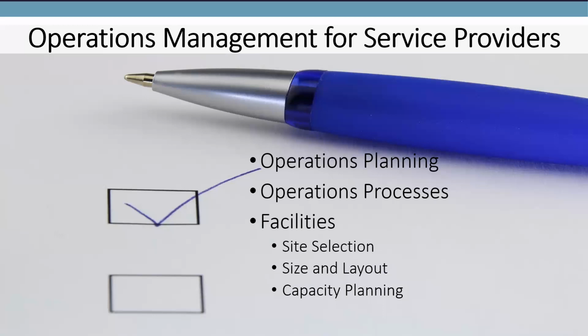And a lot of times when you look at operational planning, you look at the process that you're doing and making sure that you have the right facilities, you have the right size, that you don't need to expand way too fast. You have the right site selection. You pick the right plant because you cannot walk away from it, and the capacity planning so that you can keep things going. Okay.